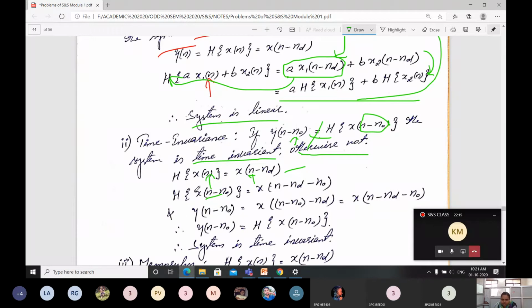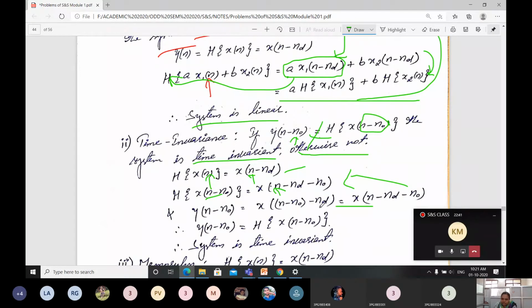Then this is nothing but our y of n minus n naught, which is x of n minus n naught; substitute here, minus nd. Same thing again; you can write it directly or write it two times, no change. Therefore this is y of n minus n naught.